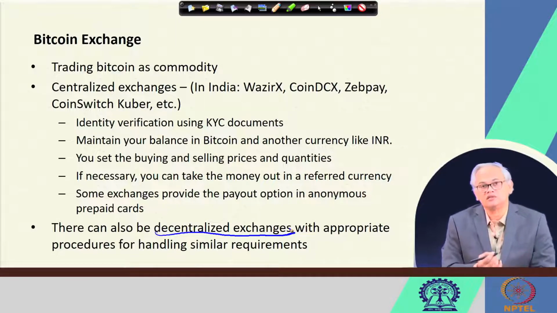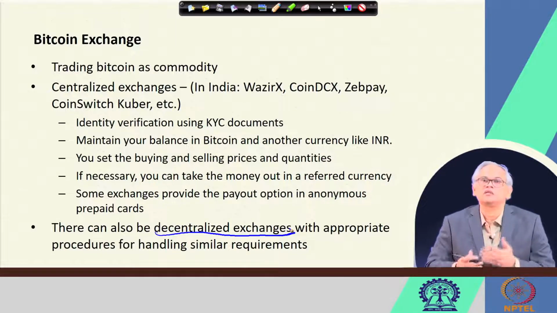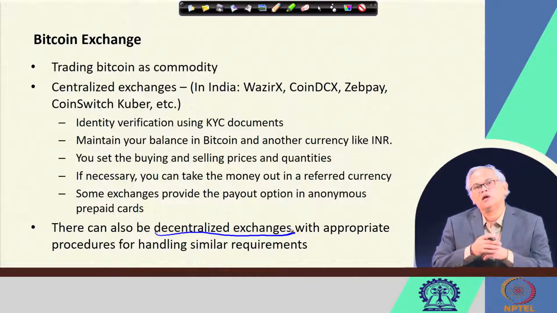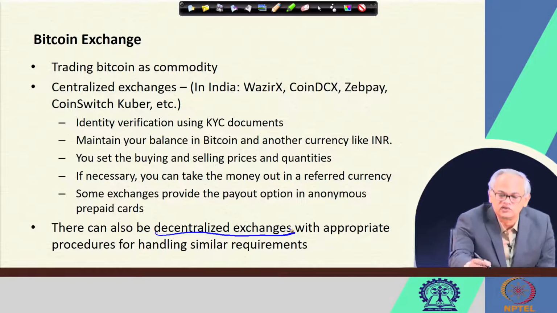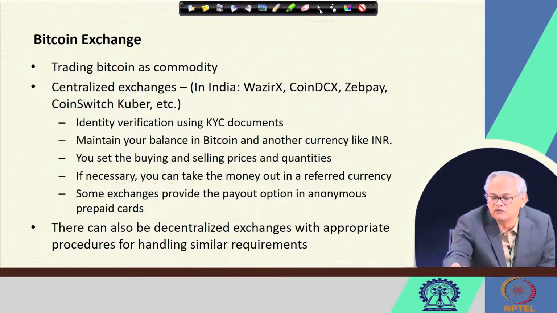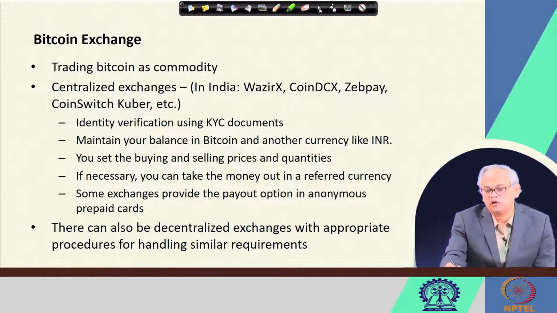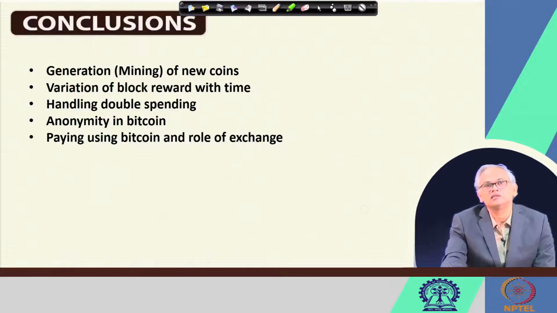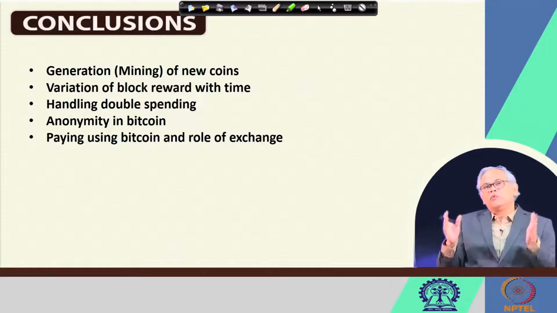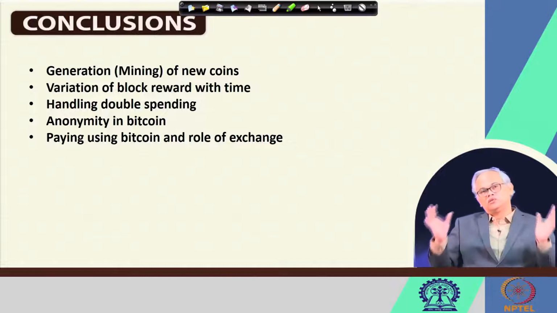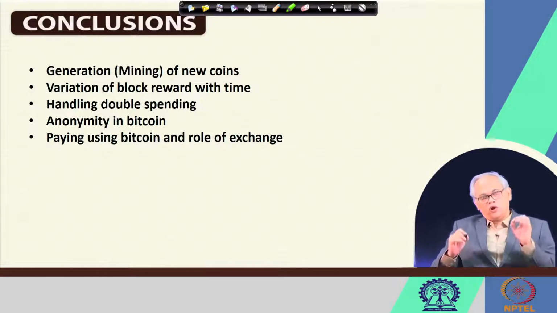For decentralized exchanges, which are technically feasible, these issues are there: how to ensure that you can recover if something went wrong. But of course, these are challenges, and there are different ways by which people are trying to address them. So, it is very important that we understand this whole set of operations for blockchains.